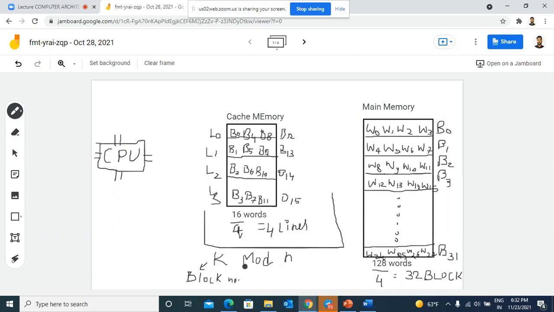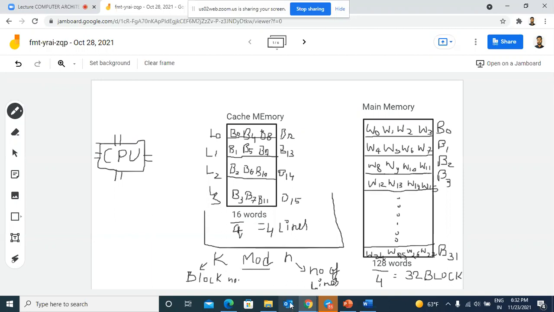Mod is modulus, and N stands for number of lines.